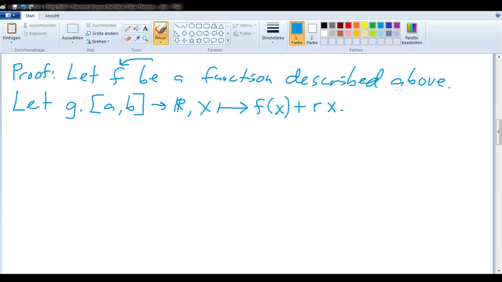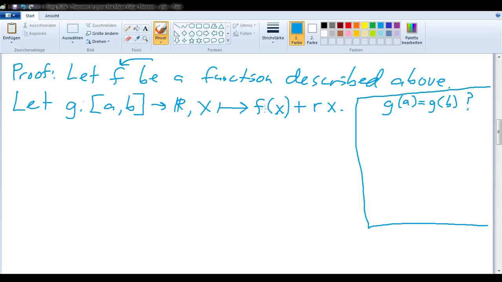So let's go to the side here and ask the question, when is g of a equal to g of b if we define g in this way here? Okay, well, the first thing we could do is say that would be the case if and only if f of a plus ra were to be equal to f of b plus rb, right?